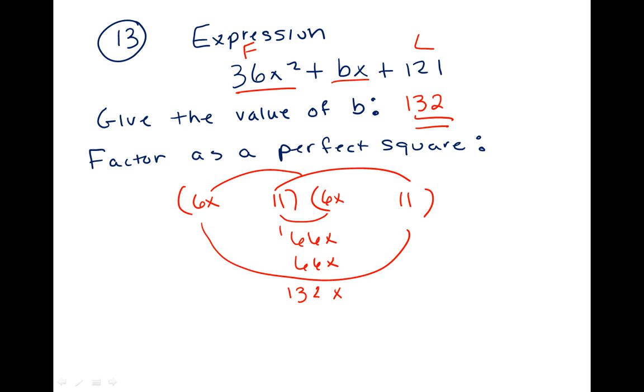Okay, and notice this is positive, which means these are going to both be positive. So if it's saying factor as a perfect square, we're looking at 6x plus 11 raised to the second. Okay?